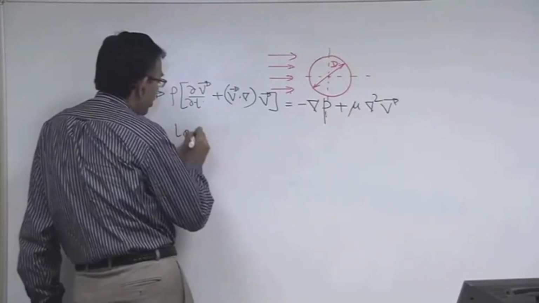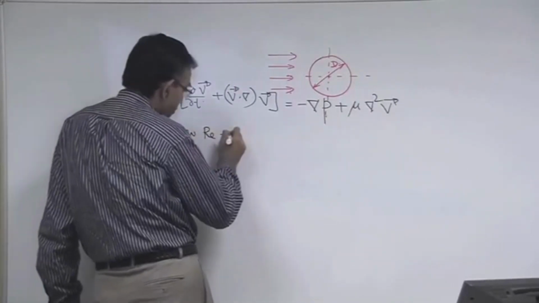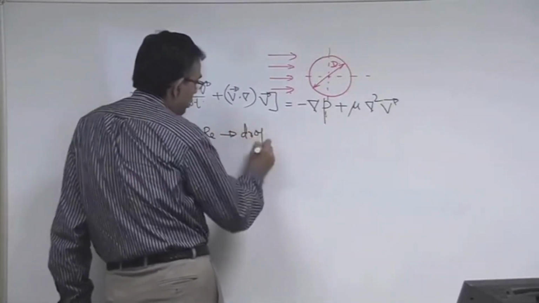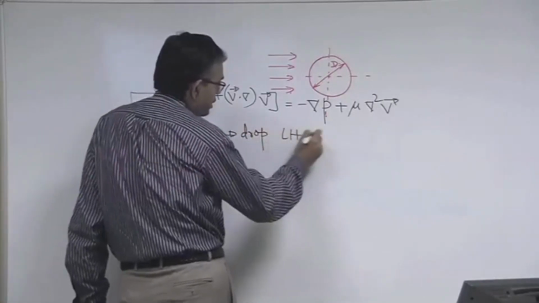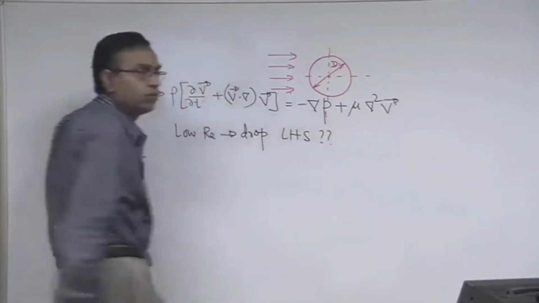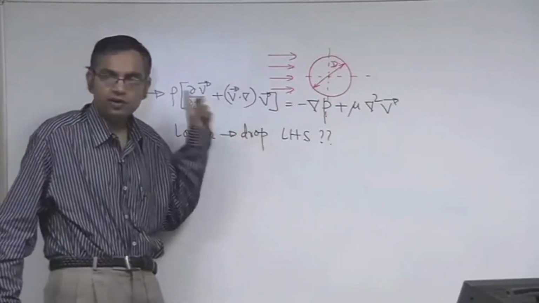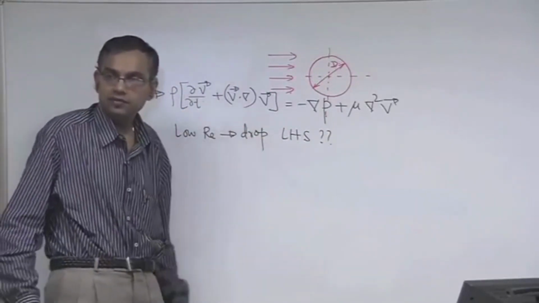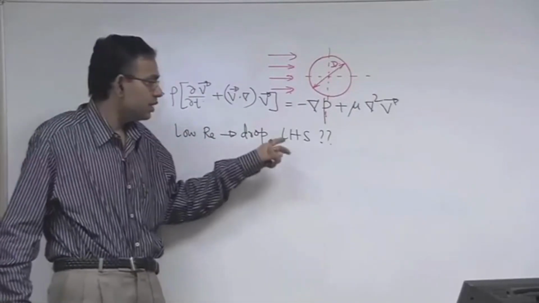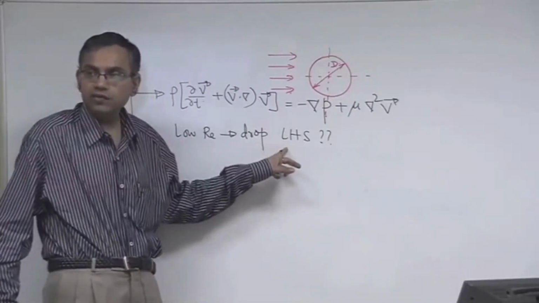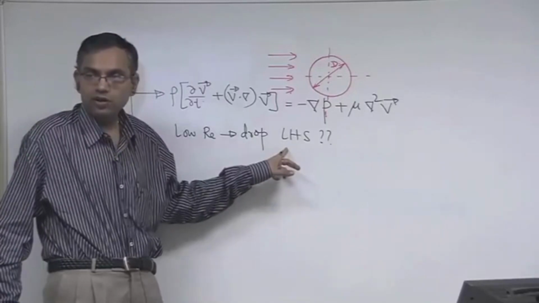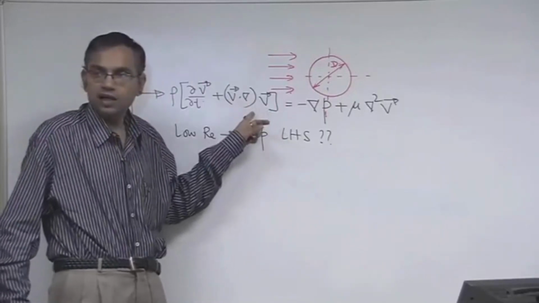Now, for low Reynolds number, you can drop the LHS. We will see later on whether the same is justified or not for the case that we are investigating, but for the time being it is intuitive that if it is a low Reynolds number flow, then the left hand side can be dropped.